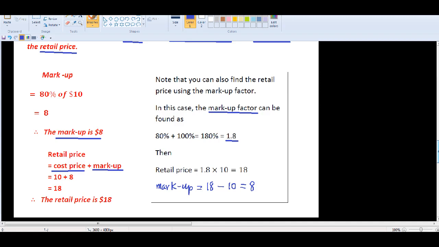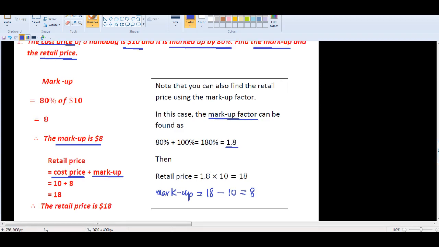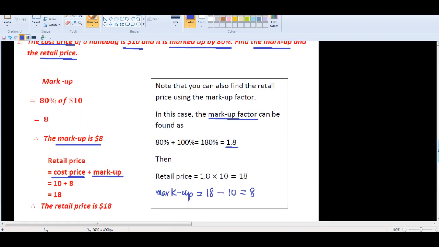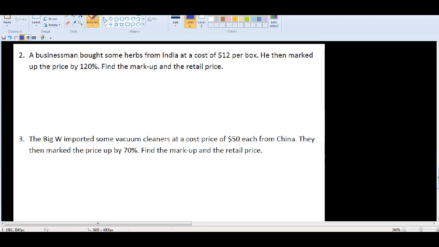So both ways can help you get both the retail price and markup. You just choose one way to do it, but you need to understand both ways, because in the examination sometimes they are going to give you the markup factor as well, so you need to understand how to use it.